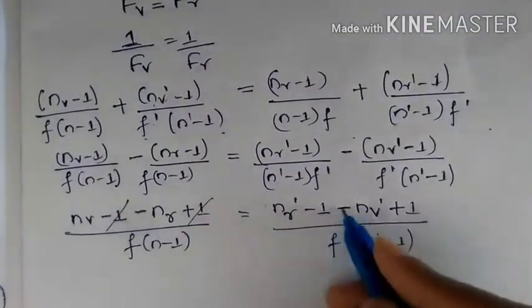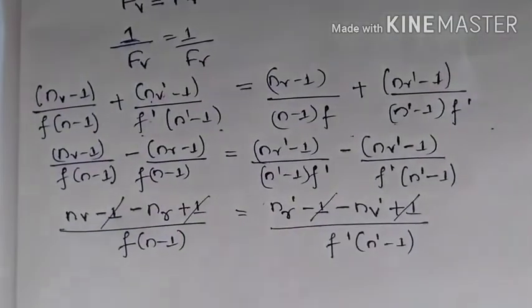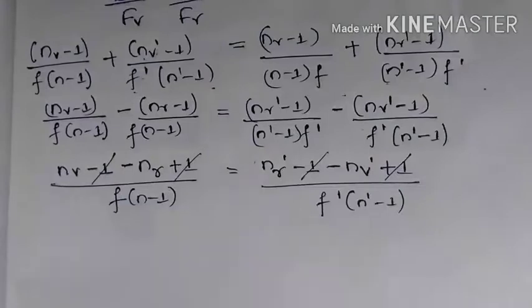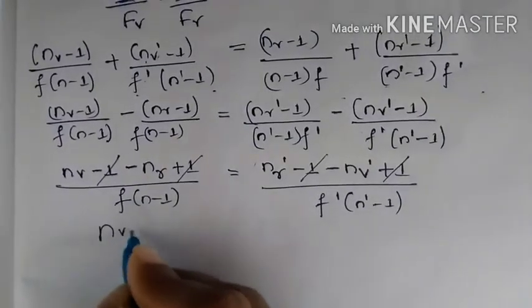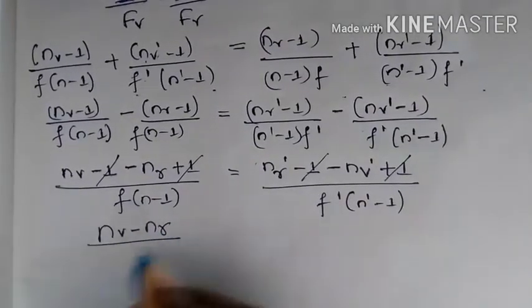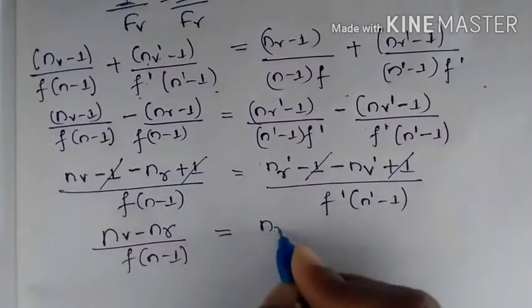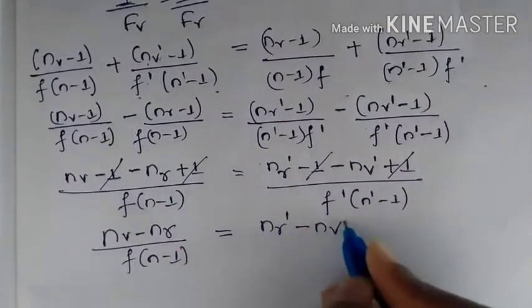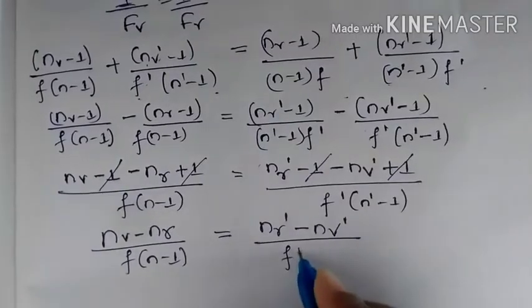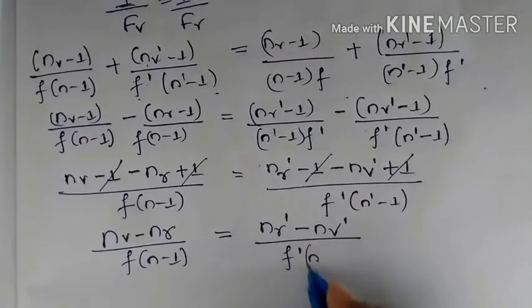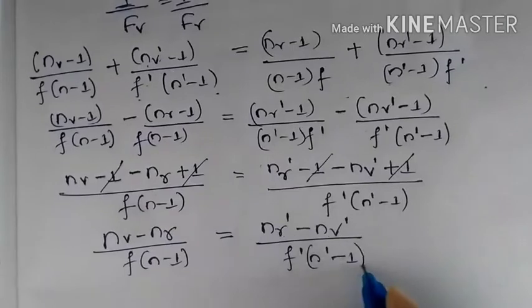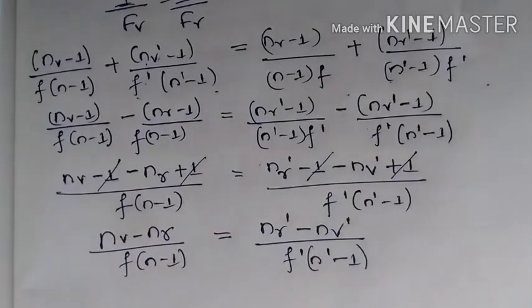So minus 1 plus 1 and minus 1 plus 1 will get cancelled. What will be left is (nV minus nR) divided by F (n minus 1), which is equal to (nR prime minus nV prime) divided by F prime multiplied by (n prime minus 1).